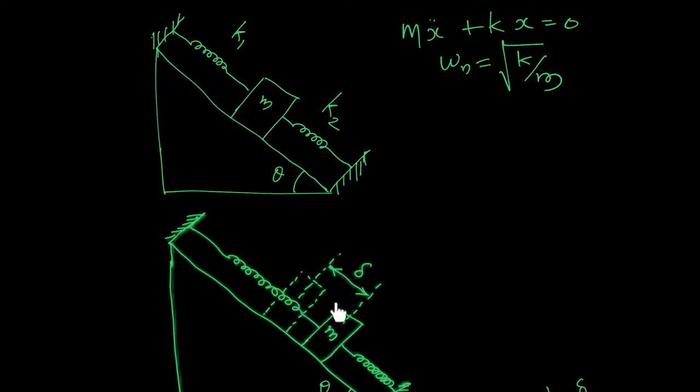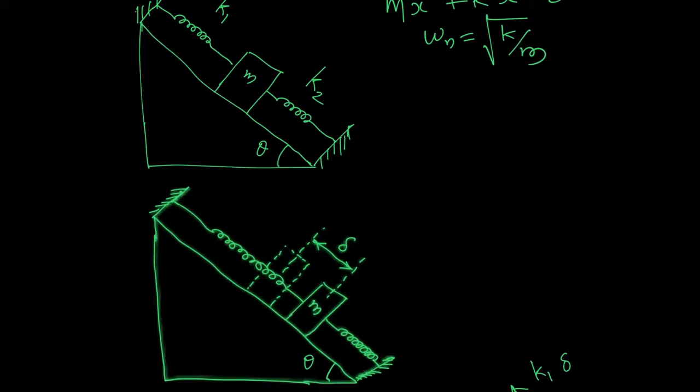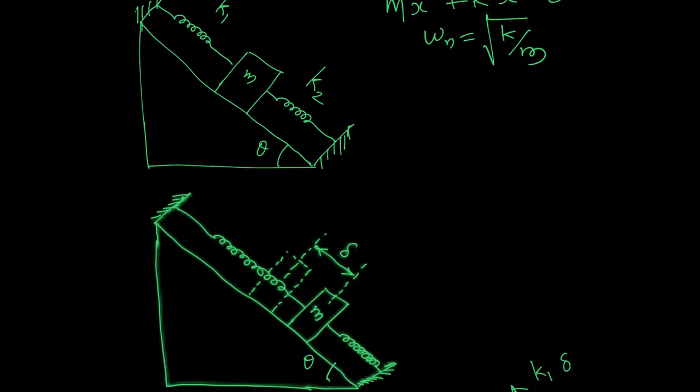The moment you leave it, the spring K2 will get compressed and the spring K1 will get extended because there is gravity acting on the system. Let's say the static deflection is delta. Now from the basic principles of engineering mechanics, I can evaluate the static deflection delta in terms of the system parameters, which are K1, K2, little m, and obviously theta.